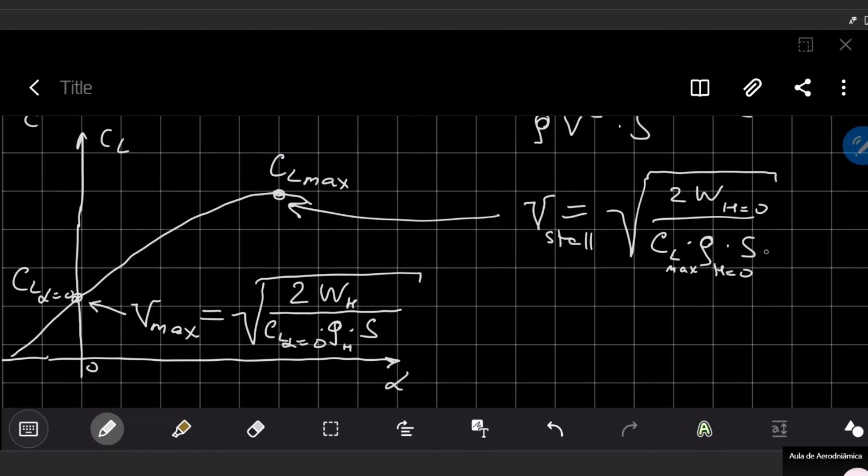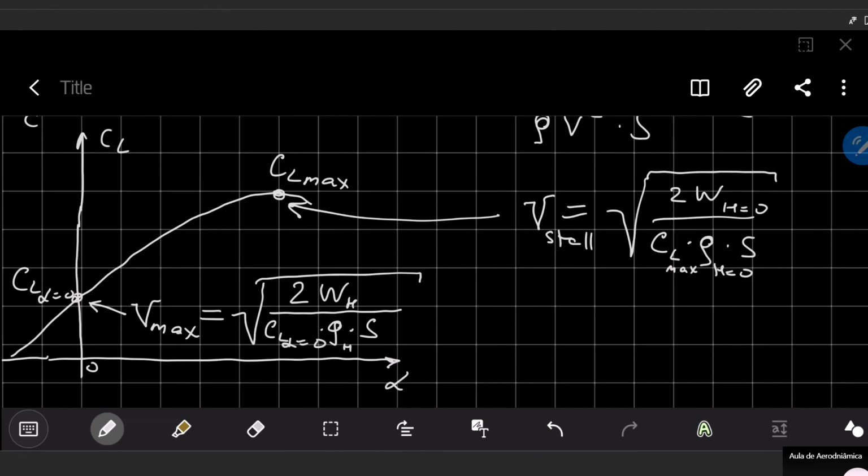But it must be an airplane with known area of the wing, and it must have a known value of the weight of the airplane. And this can be taken really easily because for all airplanes you have this data, the dimensions and the weight.